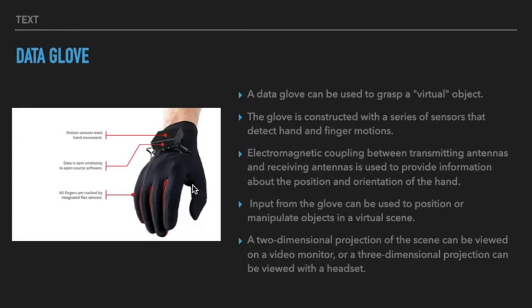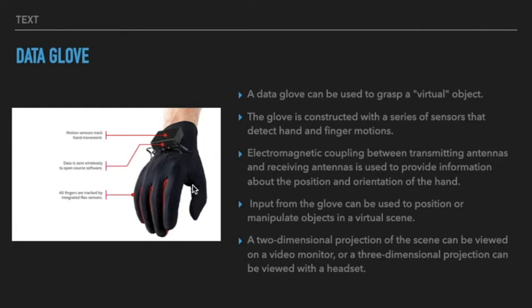Using this you can grasp a virtual object on a 3D display of the image, or even inside a screen. So input from the glove can be used to position or manipulate objects in a virtual scene.